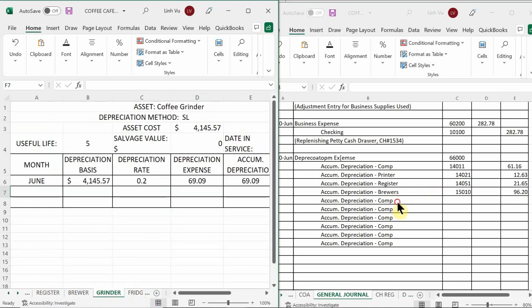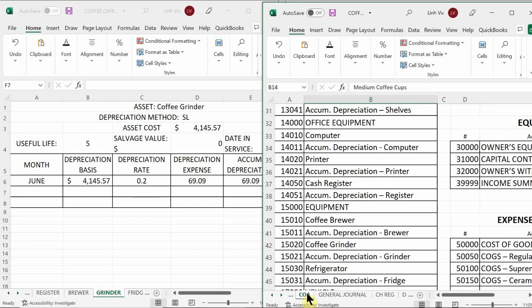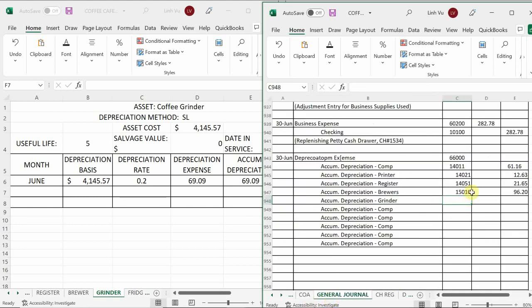In this case, we need to make a change here for the grinder, which is account number 15020. Coffee grinder, we calculated that to be $69.09.